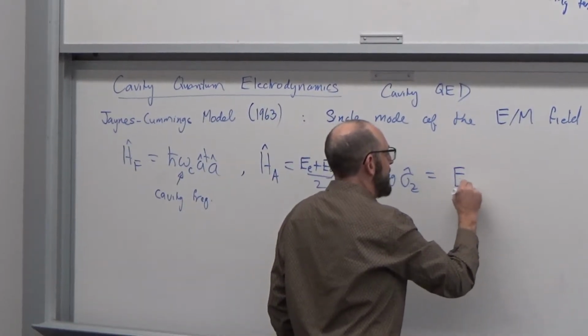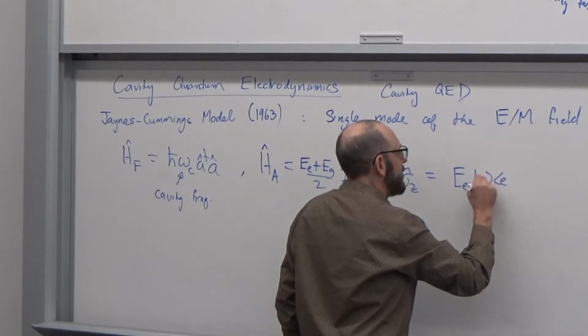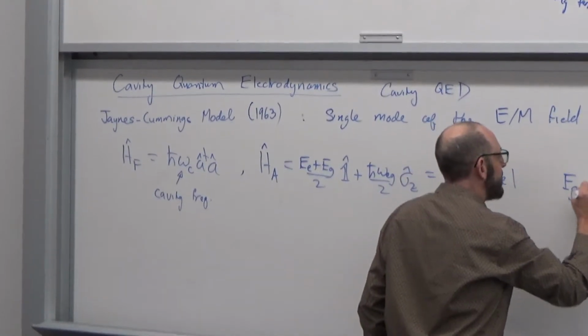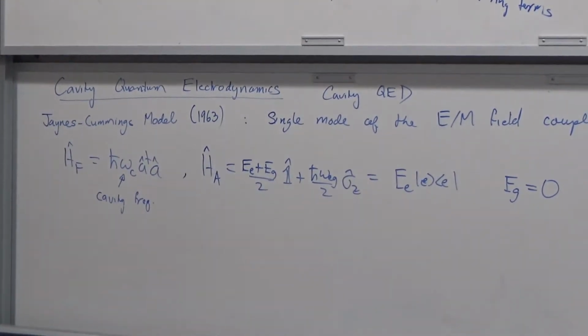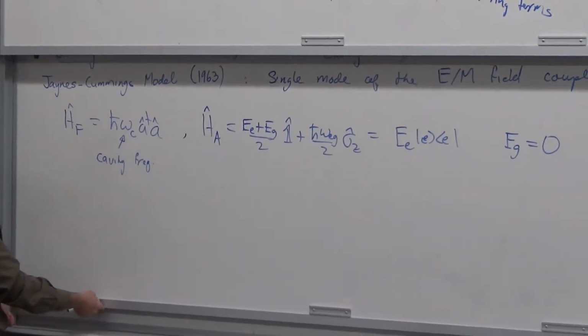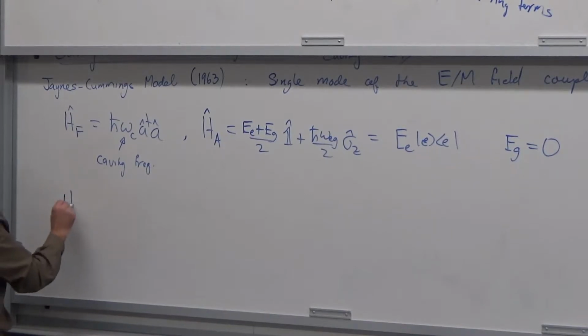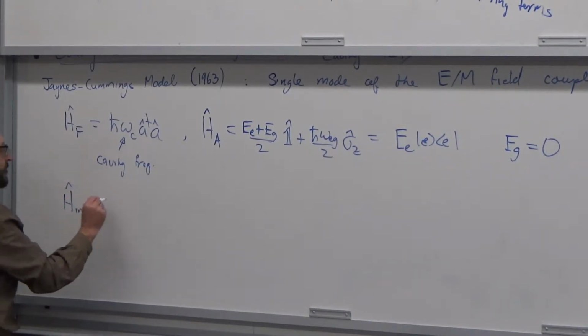I'm going to take the ground state energy to be 0. I can set it to be anything I like. And then we have the Hamiltonian of the interaction in the rotating wave approximation.